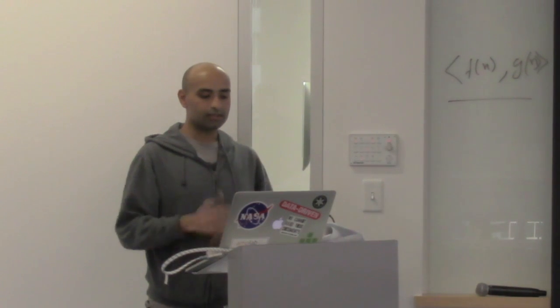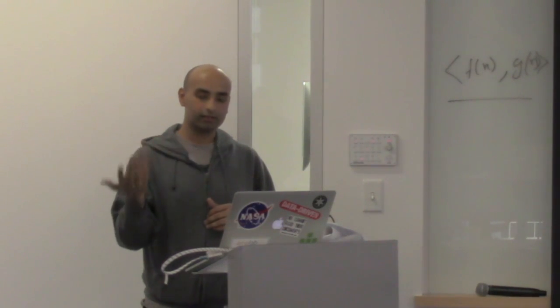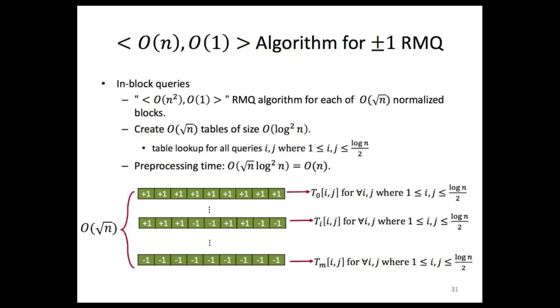So this is how it kind of condenses. You have the regular dynamic programming solution, which is O of n squared, O of 1. And this solution is applied on up to O of under root n normalized blocks.